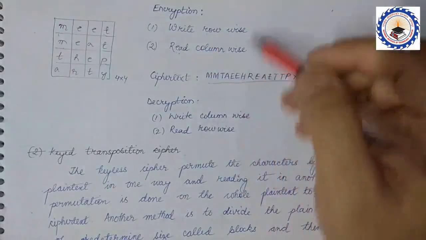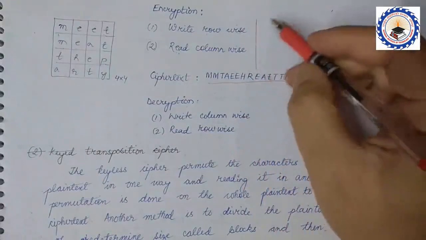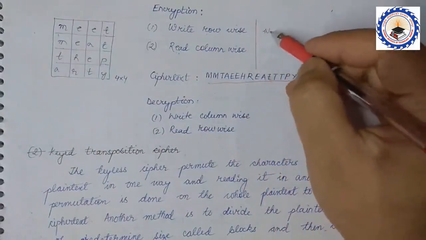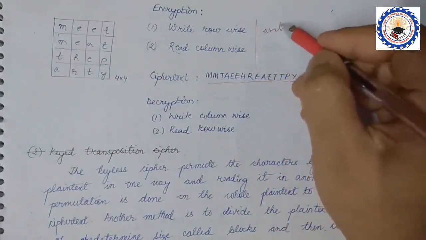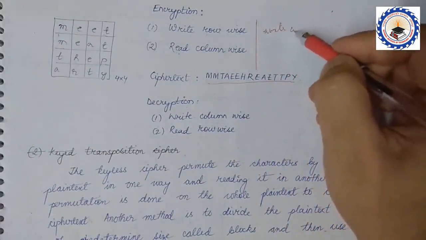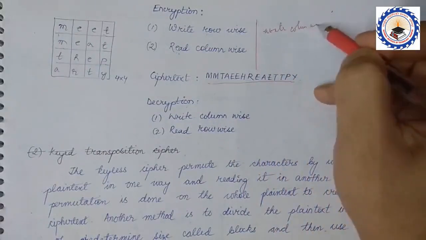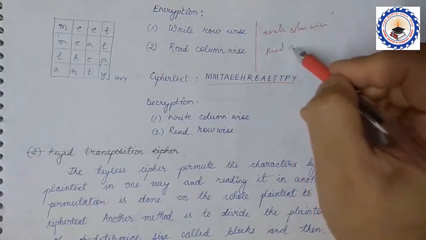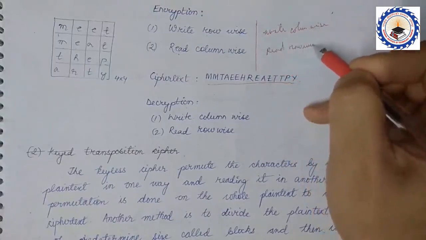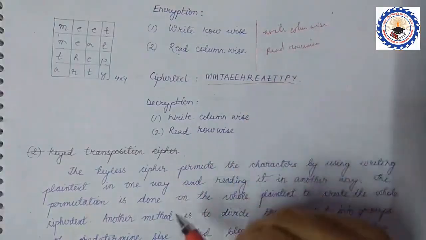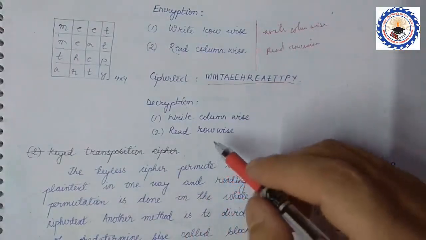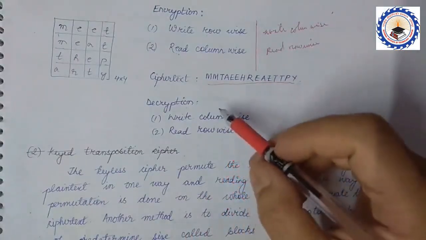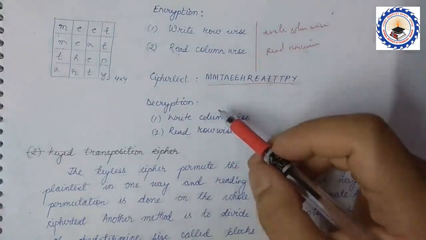In the other case you can also write column wise and then read row wise. So there is no hard and fast rule regarding the formation in encryption, whether we should write row wise or column wise.